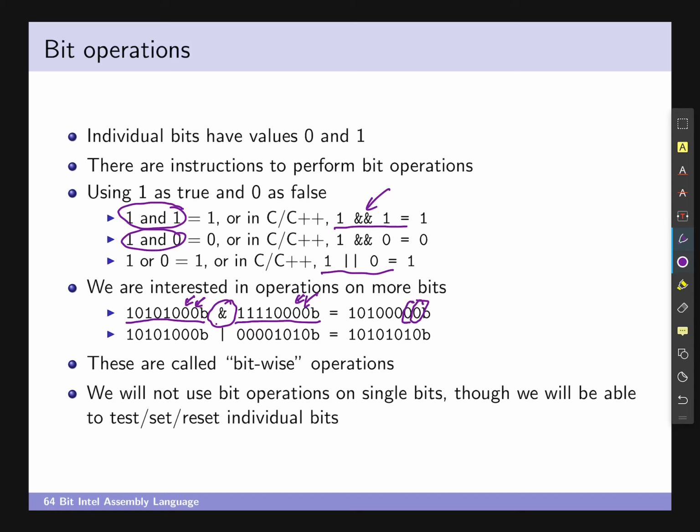And in C and C++, you engage this by just using an AND. As opposed to the double ampersand sign, you just use a single ampersand. And here we have the same idea with bitwise OR, where we use a single bar to indicate a bitwise OR operation, where I'll actually take the OR of each component from the left bit string and the right bit string.